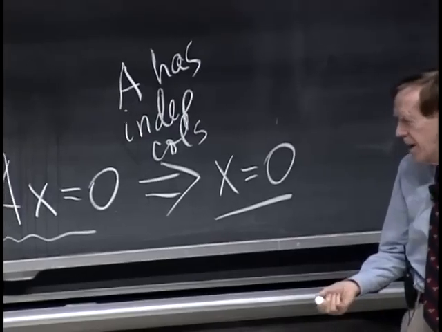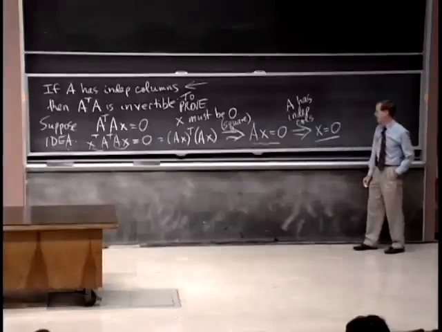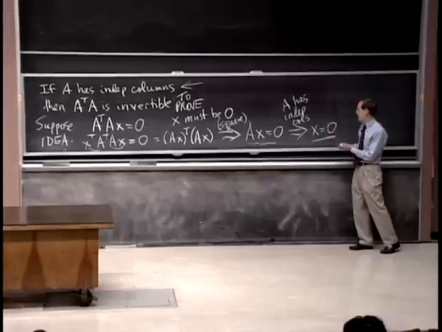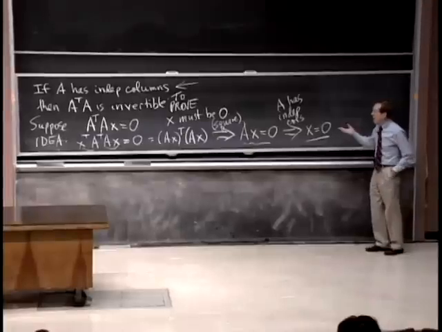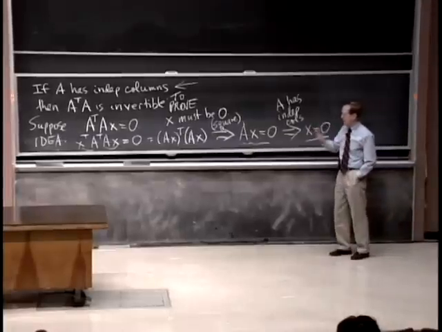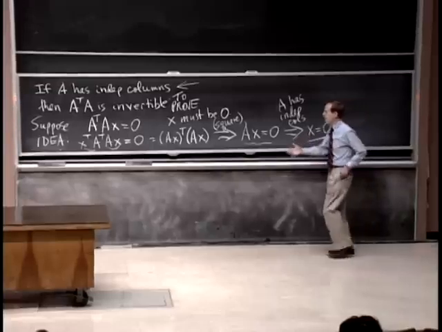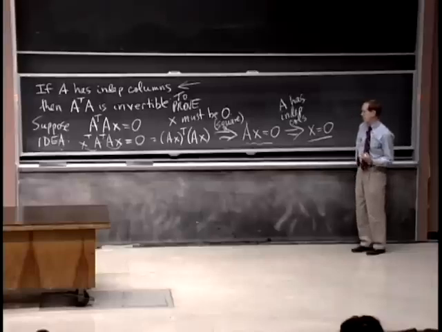This tells me x is in the null space, and the only thing in the null space of such a matrix is the 0 vector. So that's the argument, and you see how it really used our understanding of the null space. That's great.